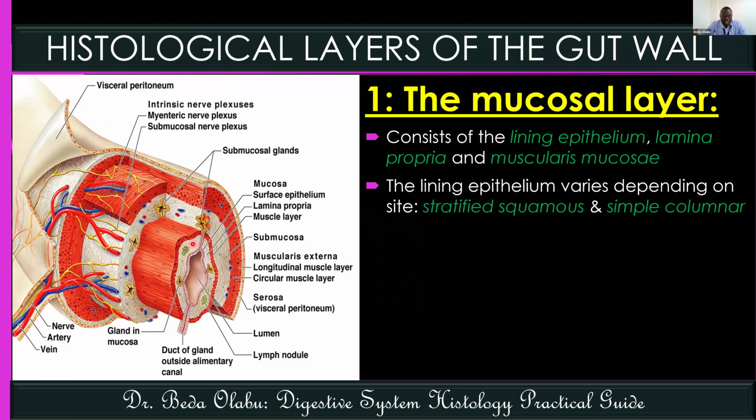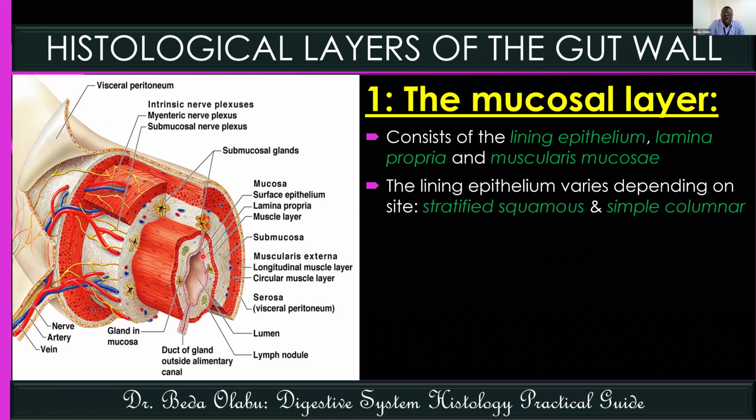Now, the lining epithelium in particular of the alimentary canal will either be stratified squamous epithelium or simple columnar epithelium, depending on where we are. The regions which are subjected to a lot of friction, like the oral cavity, the pharyngeal region, the esophagus, and the anal canal will have the stratified squamous epithelial type.